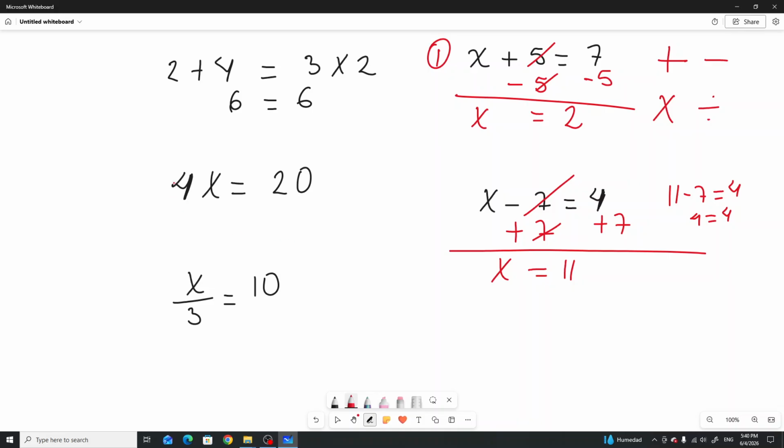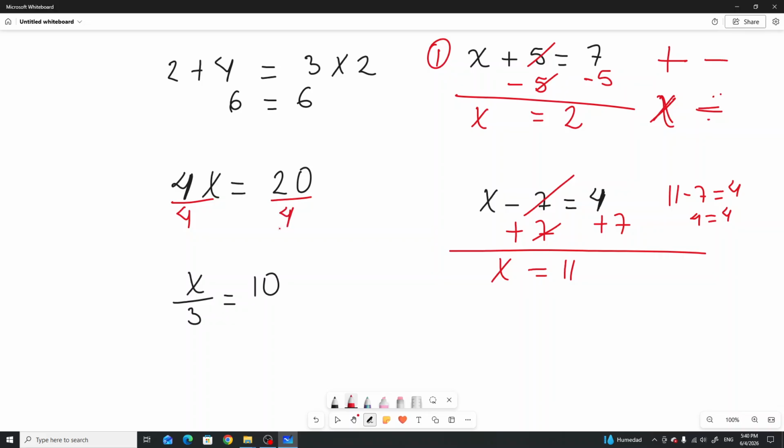Okay, now let me go to multiplication. You see, 4 times a number equals 20. Now, what is the inverse operation of multiplication? That's division. I'm going to be dividing by the coefficient, the number with the variable. This number 4 is called the coefficient.